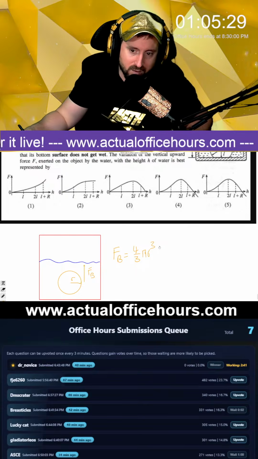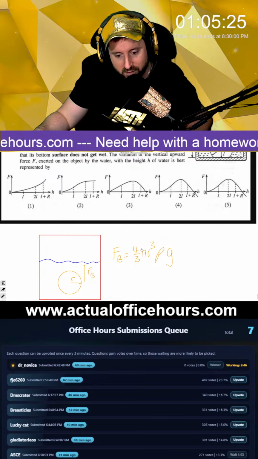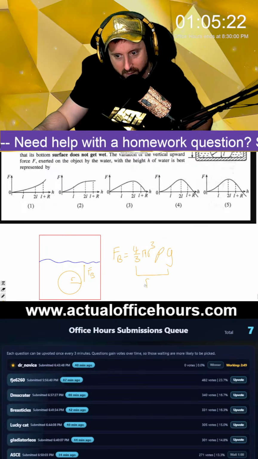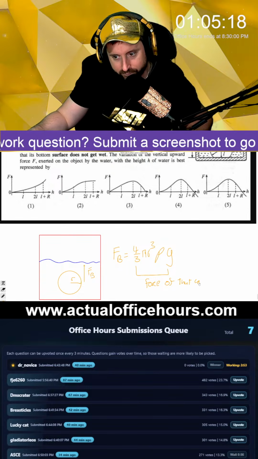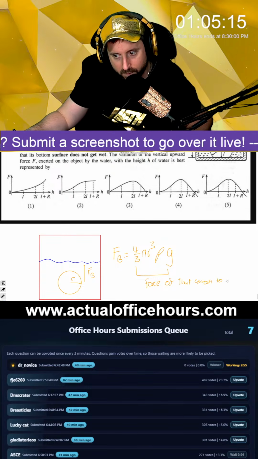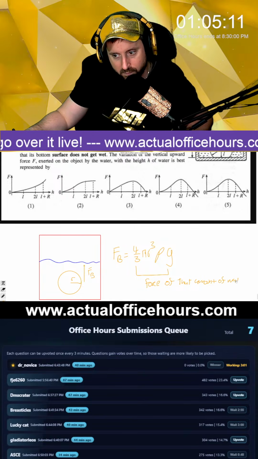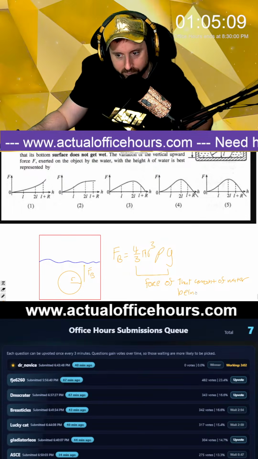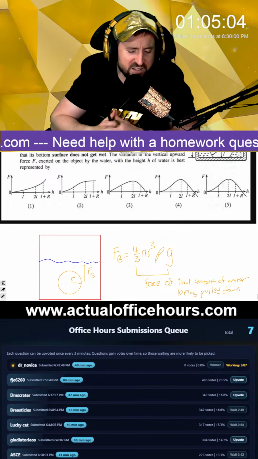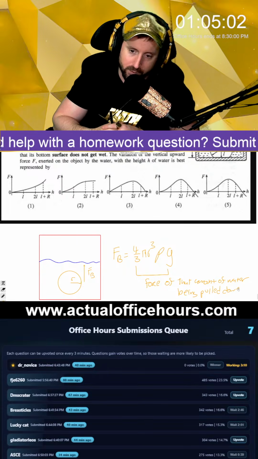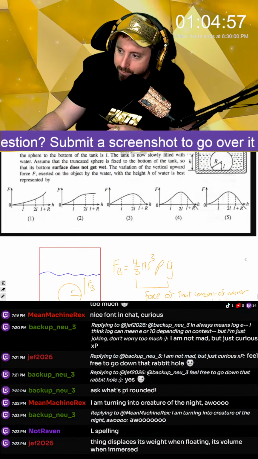And then you would take that volume times density and then times gravity. This would give you the force of that amount of water being pulled down. Yeah. I don't remember the exact proof of where it comes from, but it's a useful thing to know, Archimedes' principle.